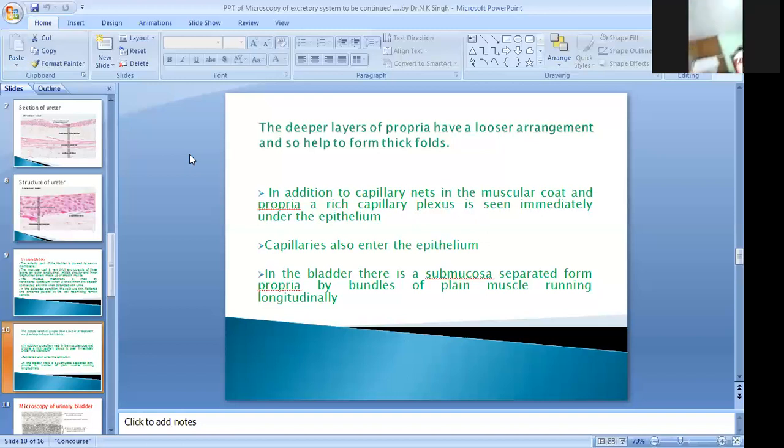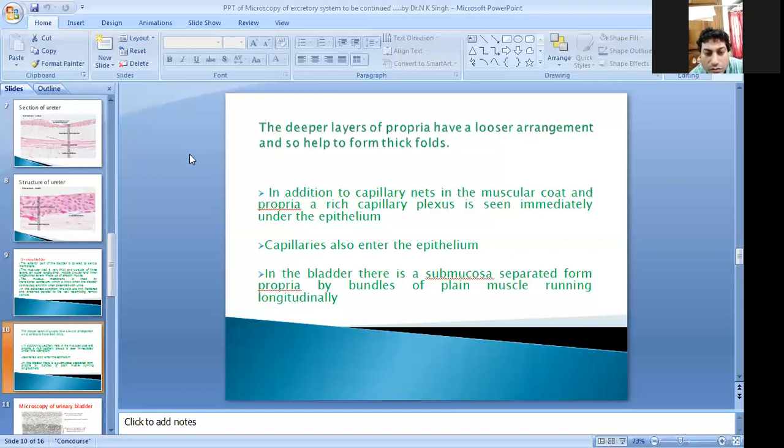These capillaries not only penetrate the transitional epithelium, but also the muscular coat and lamina propria. Capillaries also enter the epithelium. We have already seen in the case of the ureter that the capillaries were penetrating inside the transitional epithelium.